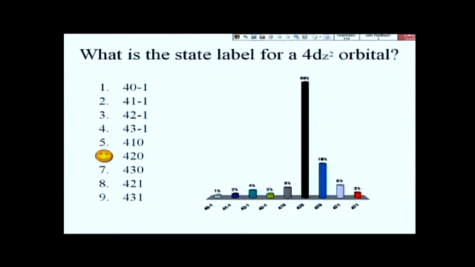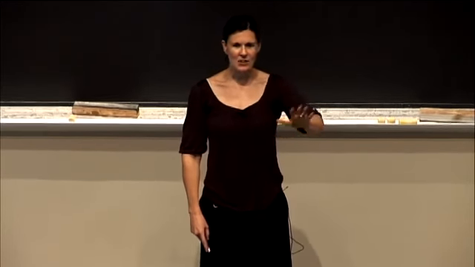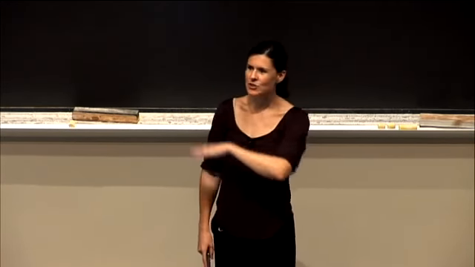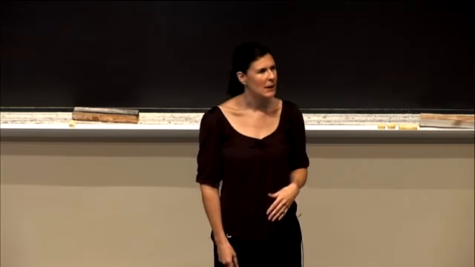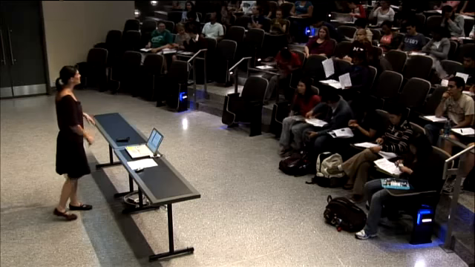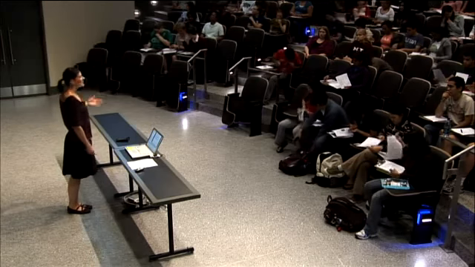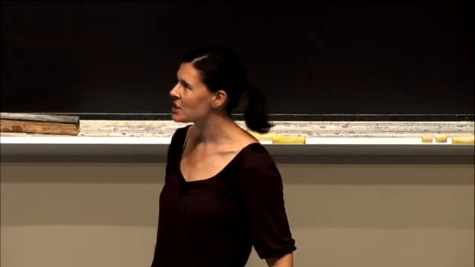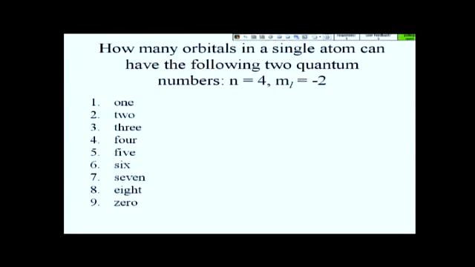That's important, and we're actually going to get a little bit deeper in our clicker questions here, since when you do your problem set, it won't be quite this straightforward. Actually you'll be thinking about how many different orbitals can have certain state functions or certain orbital names. So let's go to a second clicker question here and try one more.